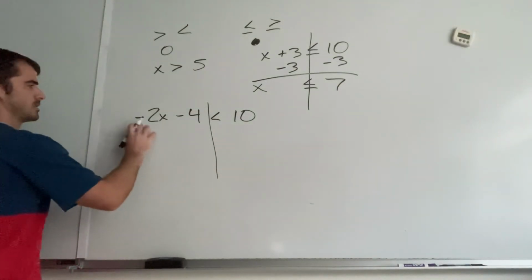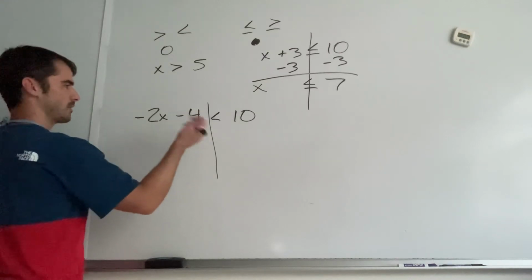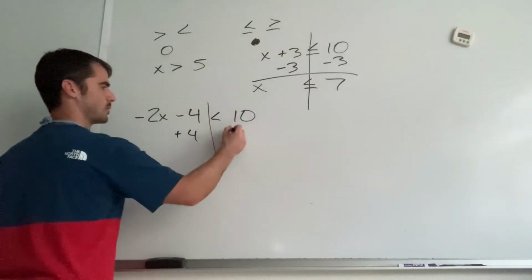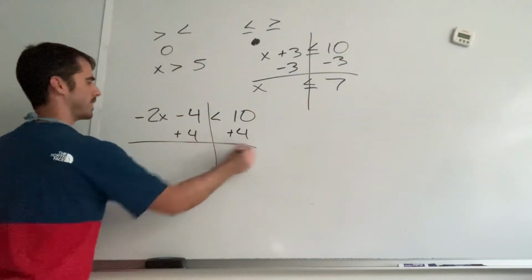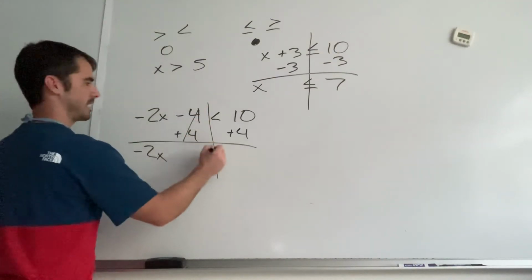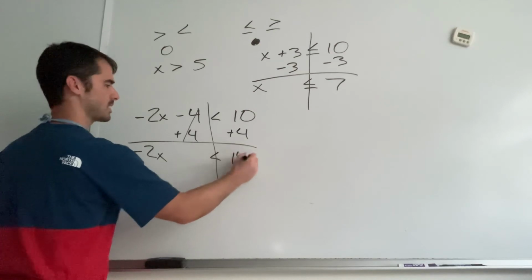Okay, so I've got a negative 2 being multiplied and then subtracting 4. So I need to get rid of addition or subtraction first. So I'm going to add 4 to get rid of minus 4. Add 4, add 4. Negative 2x, that should cancel out. Bring that symbol down, and 14.